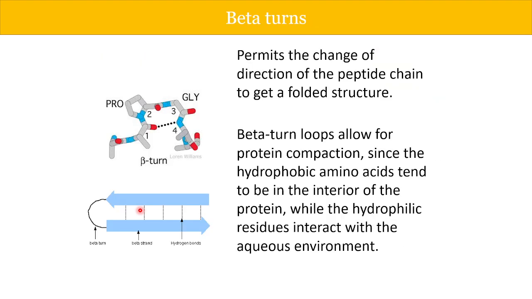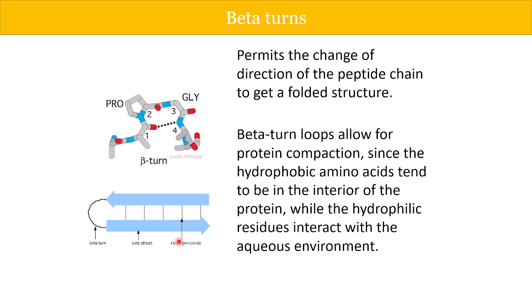Now coming to the third one, the beta turns. Like I was mentioning, prolines and glycines are the favorable residues which we can place in the turns. Why? You see, for two beta strands you need a beta turn. Why are turns important? Because proline has a very rigid structure that allows only a strict folding over here. So when there can be only 2 to 3 residues present, you keep a proline that will give you a short turn, and maybe a glycine that will add a little bit of flexibility.